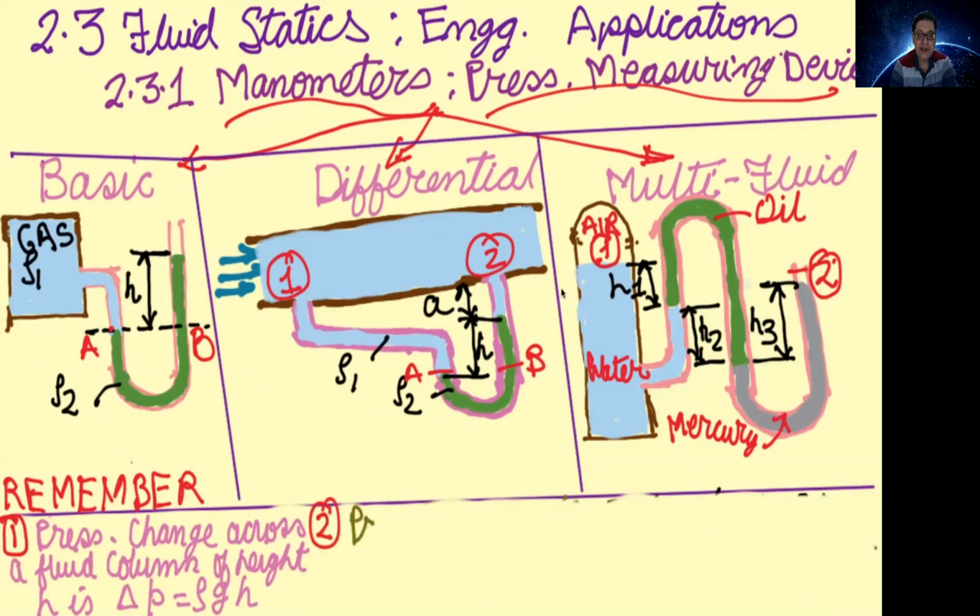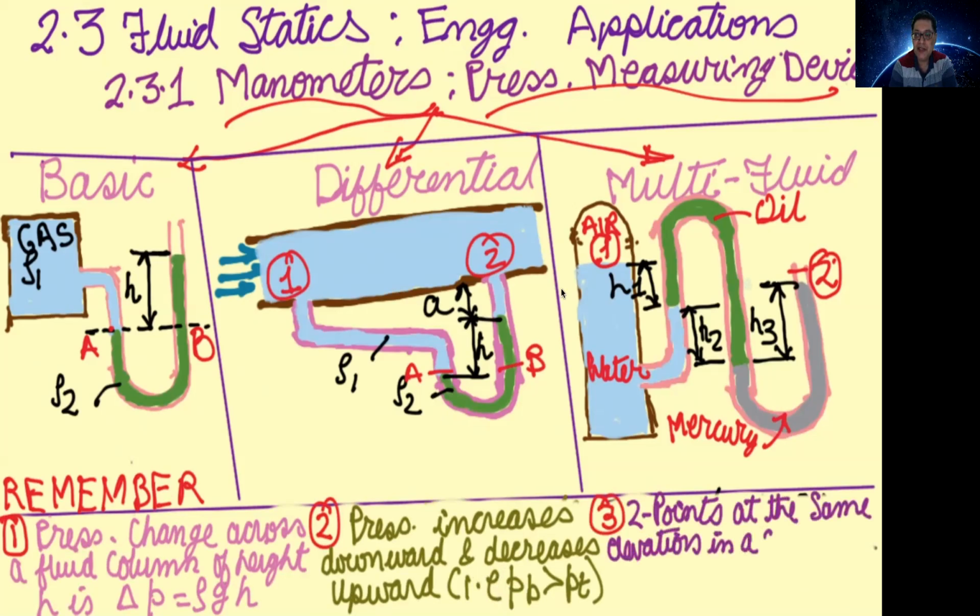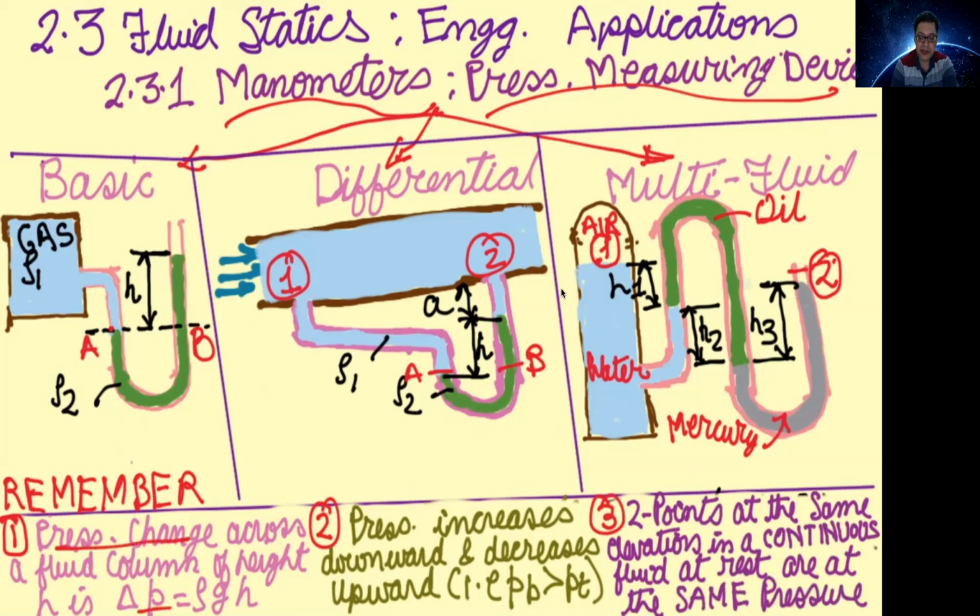The second point is pressure increases downward and decreases upward. So pressure at the bottom layer is greater than the pressure at the top layer as shown here. PB is greater than PT. And finally, the third point to note is 2 points at the same elevation in a continuous fluid at rest are at the same pressure.